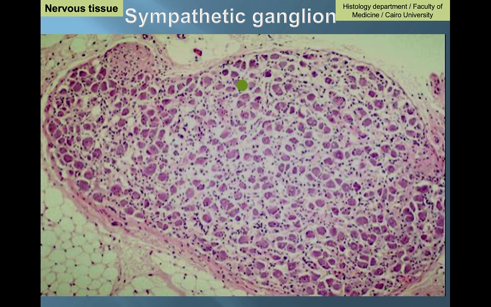Don't make a mistake between stellate cells and satellite cells. Stellate means they have a star shape, and satellites have the appearance of a circle surrounding the body, like a satellite in outer space.